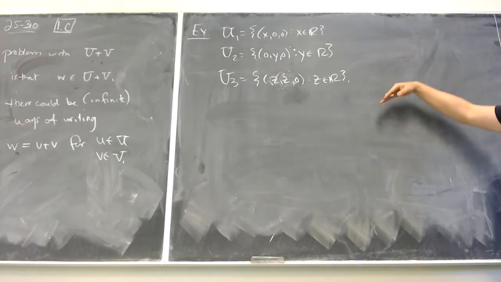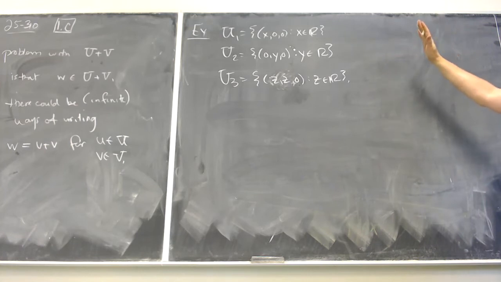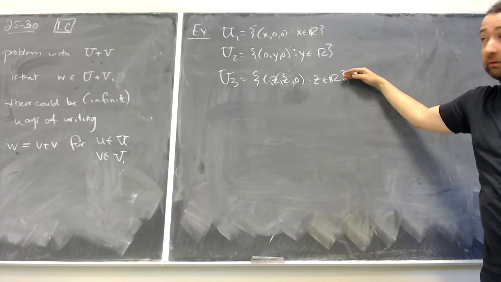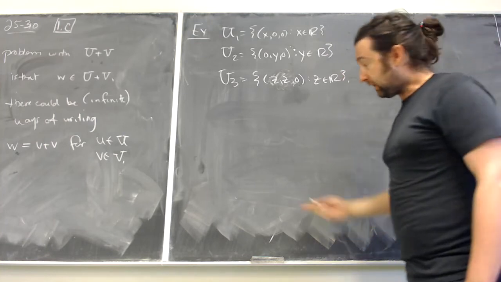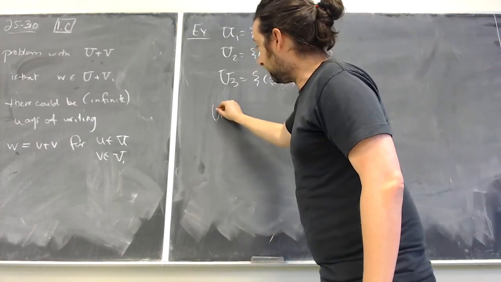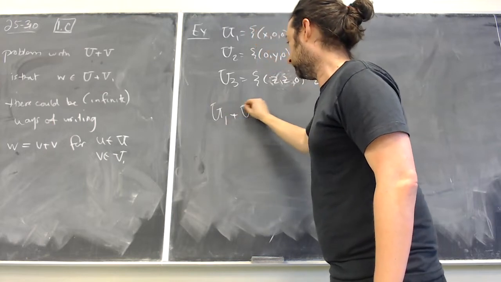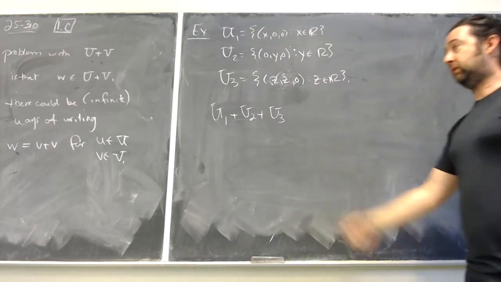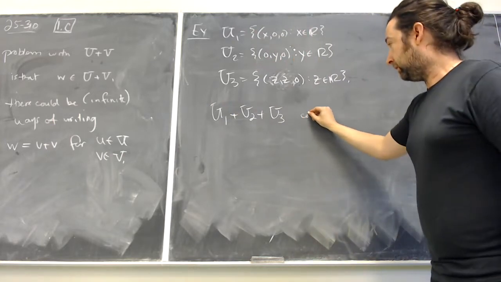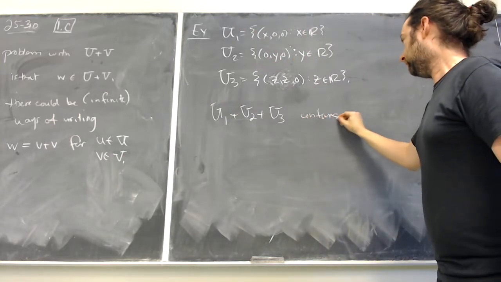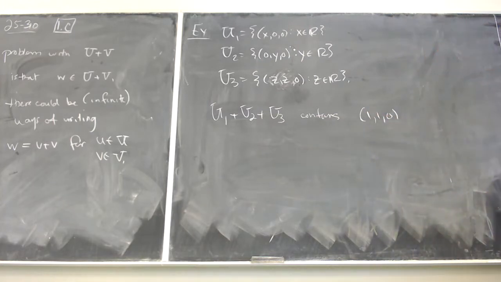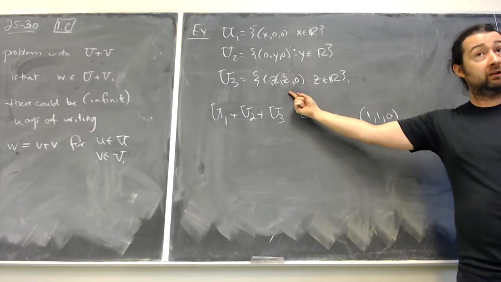Okay, so we have 3 subspaces. We know these are subspaces of R3 because we have a line and a plane sitting inside of R3, right? And if you take these subspaces and you take their set sum, the element (1, 1, 0) is definitely in that space, right? I mean, (1, 1, 0) is in U3.